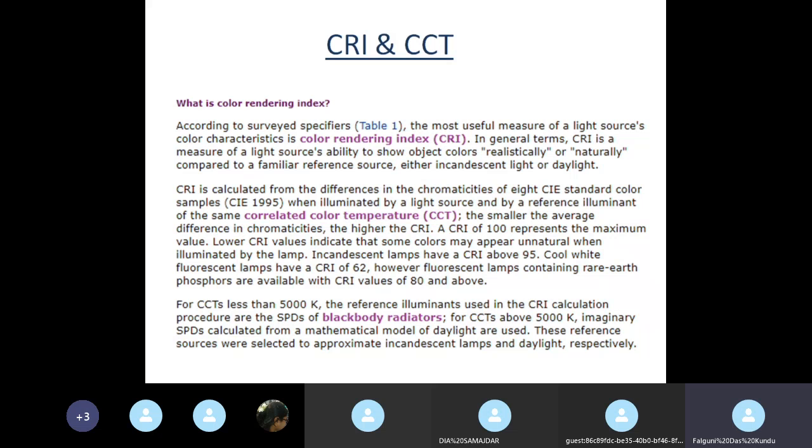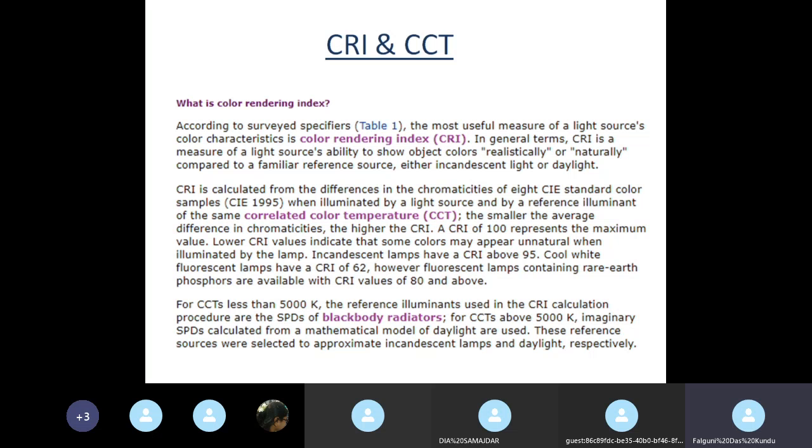Incandescent lamps have a CRI above 95. Cool white fluorescent lamps have a CRI of 62. However, fluorescent lamps containing rare earth phosphors are available with CRI values of 80 and above.